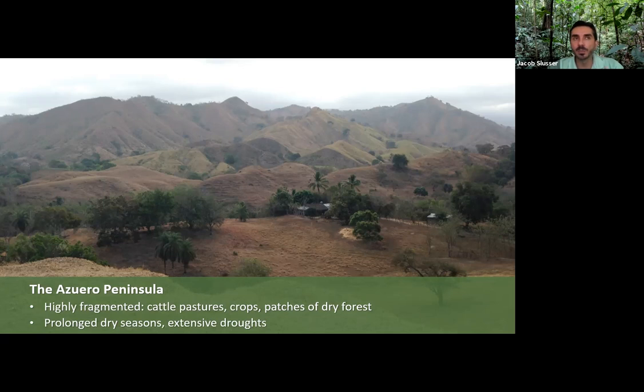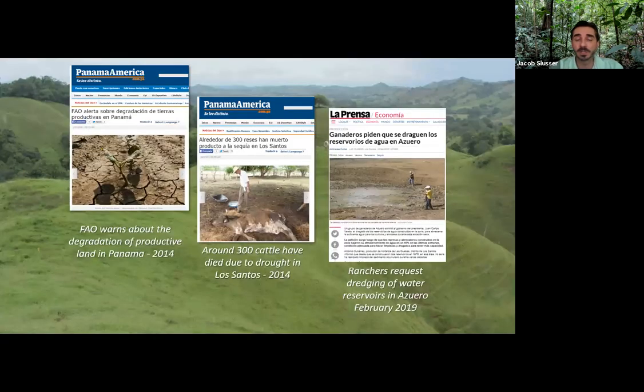And then the issue with this is that compounding the degraded landscape are these prolonged 4 to 6 month annual droughts and irregular rainfall, making it extremely vulnerable to climate change and really negatively affecting local livelihoods. It's really impossible to know what the weather's going to do and how to plant your crops.